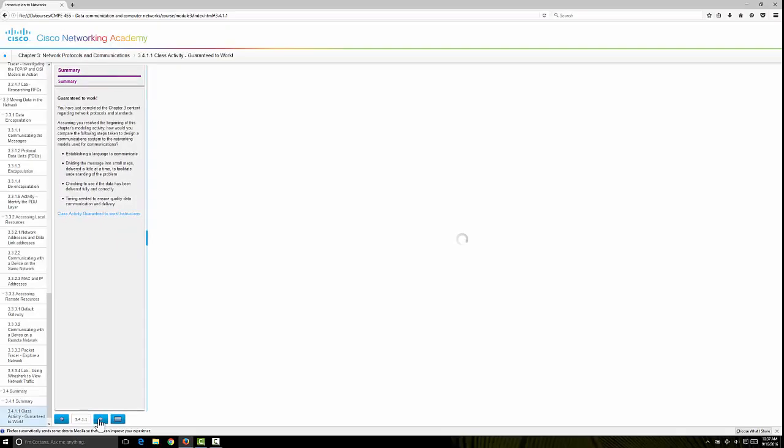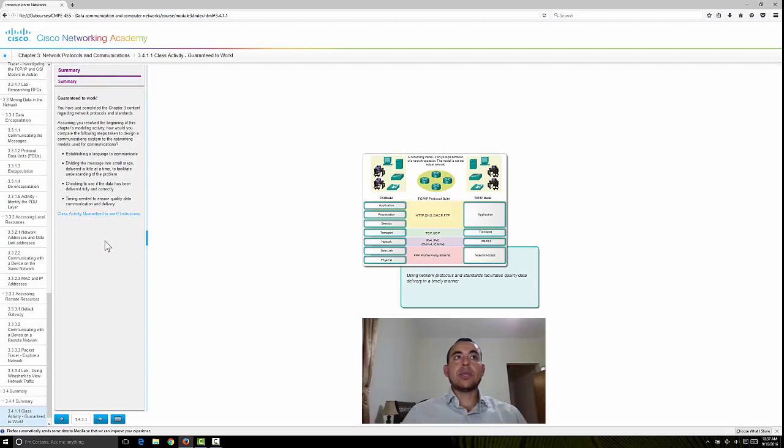This is the end of this chapter, and in this chapter we talked about the rules needed to establish a successful communication. For that we define a set of rules like message format and size, message timing, access methods, response timeout, and flow control.